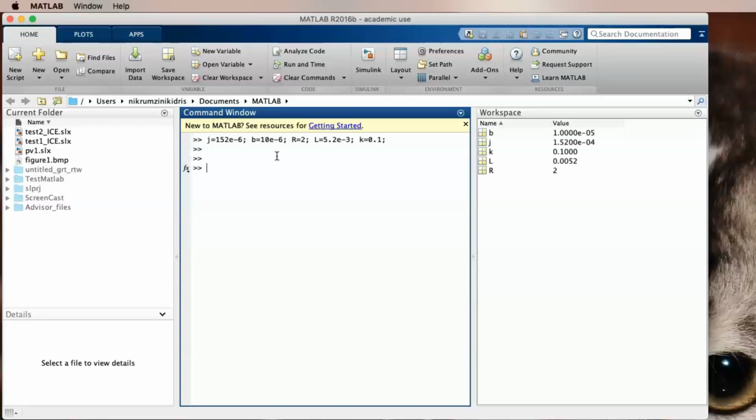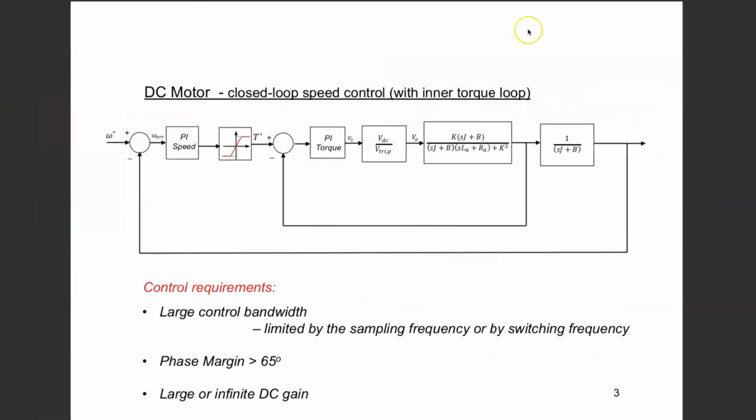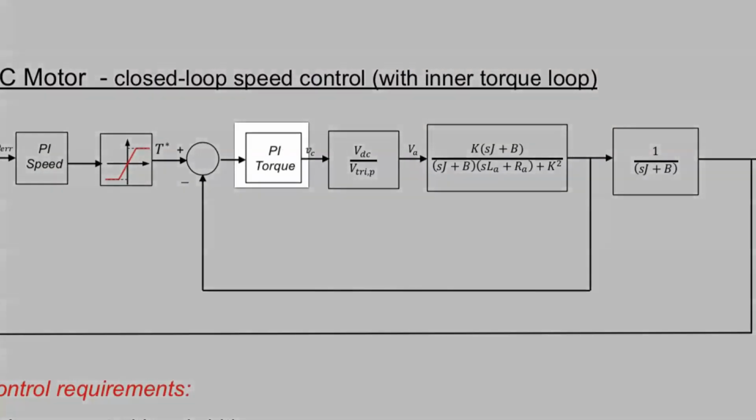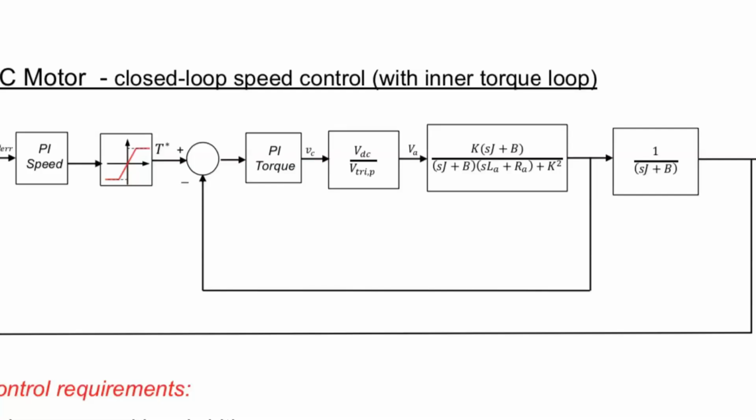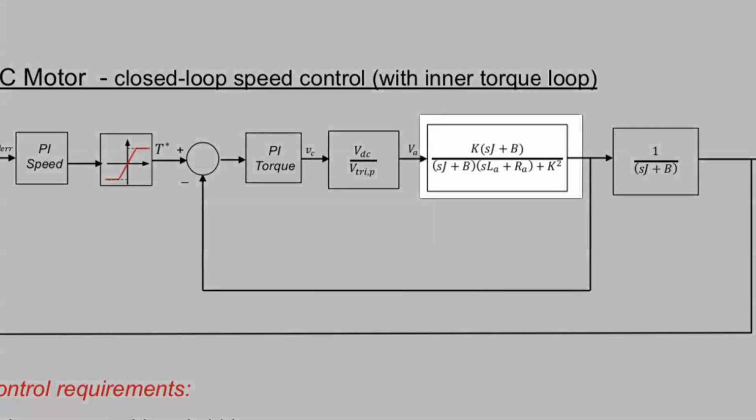And then let me define the loop transfer functions for the torque loop, which is the combination of the PI controller for the torque loop, the power electronic converter, the DC-DC converter, which is simply a DC gain that we have discussed earlier in the previous tutorial, and this is the transfer function between the armature voltage and the torque.